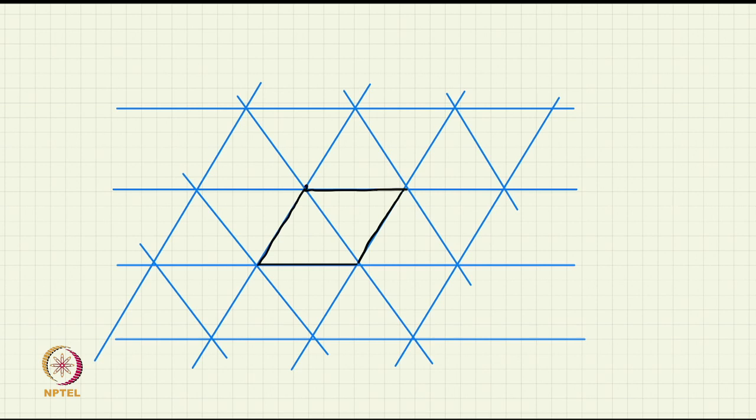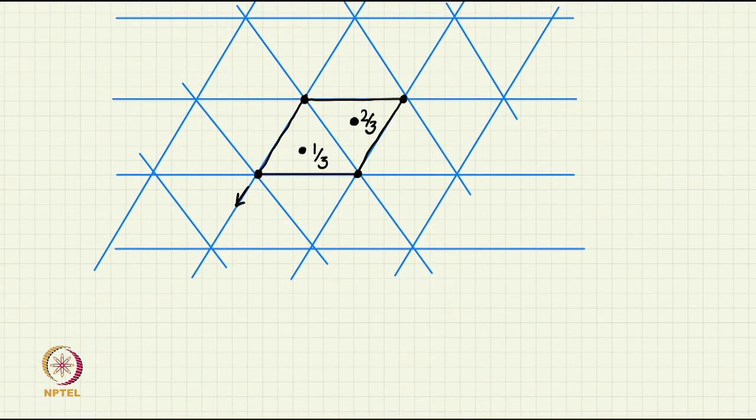However, the lattice points now, instead of only the corners, we have two more additional points which correspond to the centroids of these two triangles, but their C height, the Z height, is 1/3 here and 2/3 there. So, this is your new unit cell, and these 1/3 and 2/3 points are also lattice points.